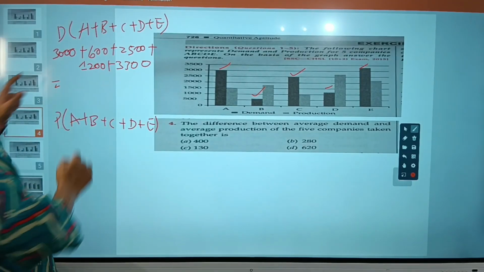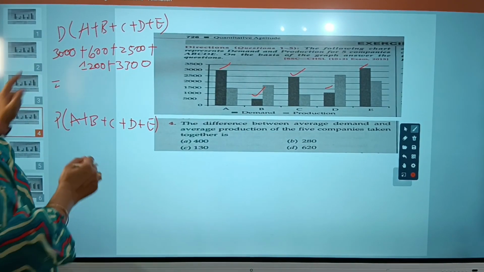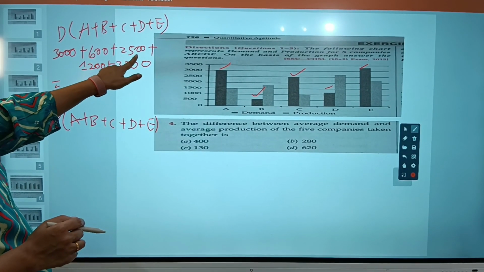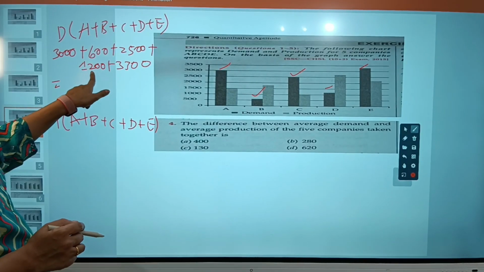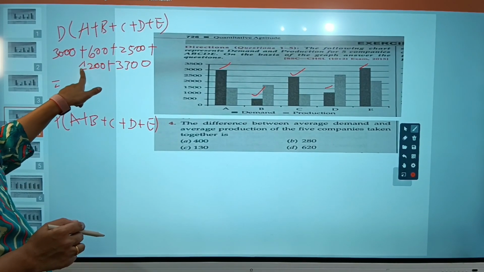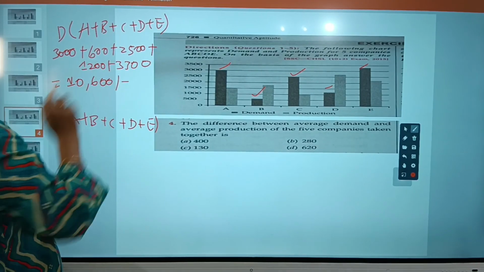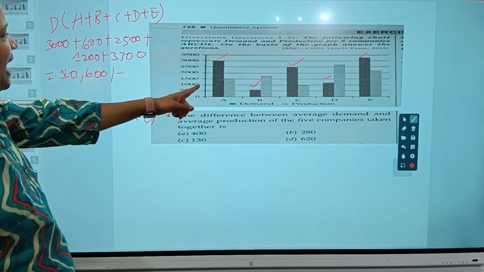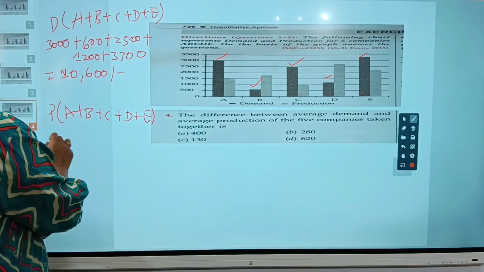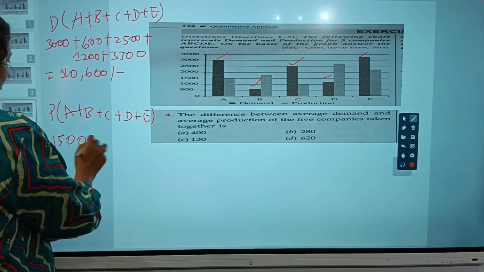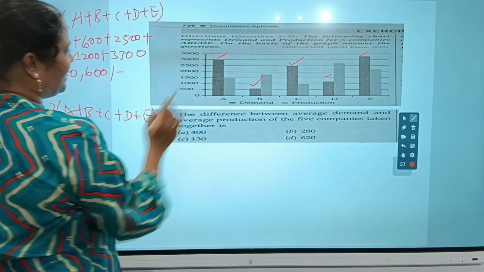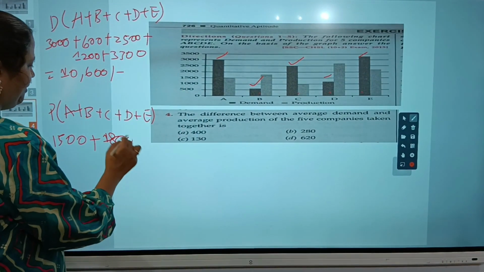So it will come for about 10,600. The production for A given is 1500. For B it is 1800.